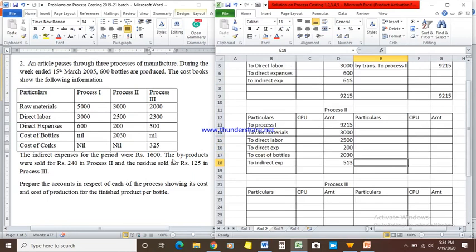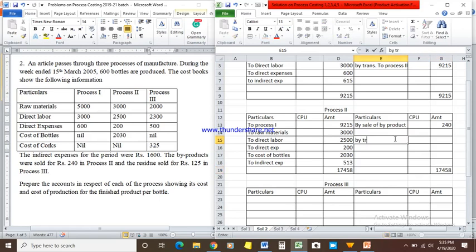Now in the second process we have a sale of byproduct. So this will reduce the process 2 cost. So by sale of byproduct, that is 240 rupees. Now from the total debit 17,458, we need to minus the sale of byproduct.